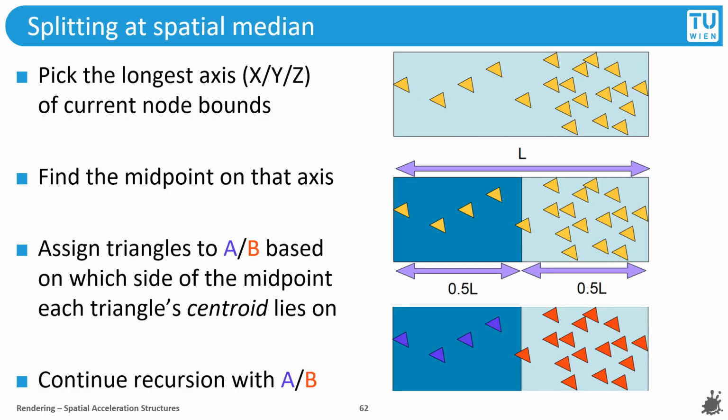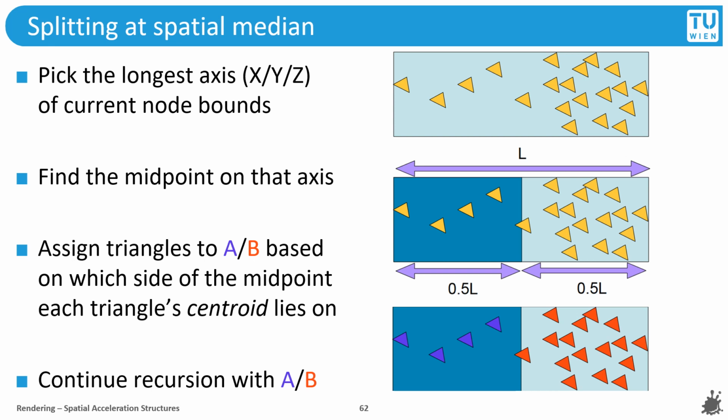So first off is the method of splitting at the spatial median. And this is probably the simplest and fastest version of generating your BVH recursively. And the idea is simply at every step for the current node that you are considering, pick its longest axis, X, Y, or Z of the current node, and find the midpoint on that axis.